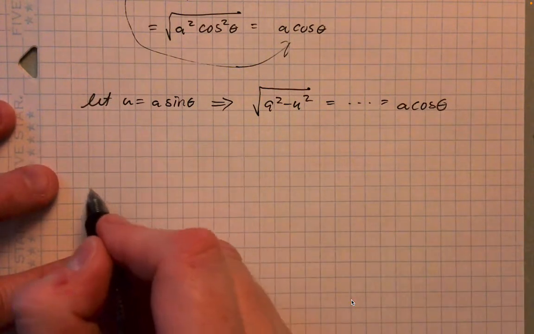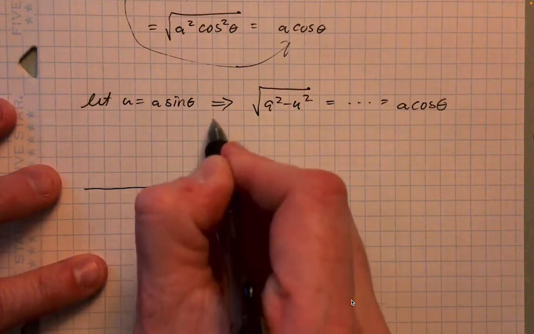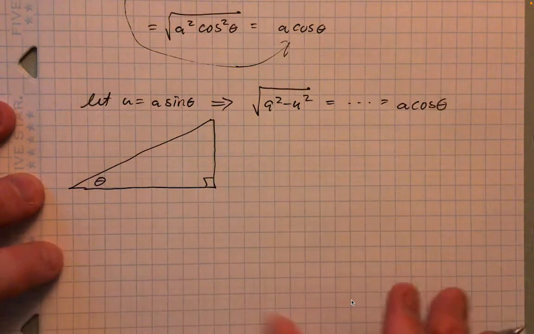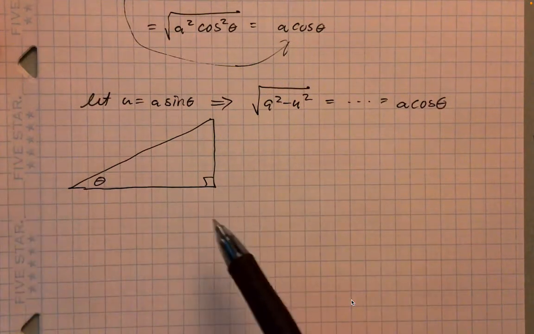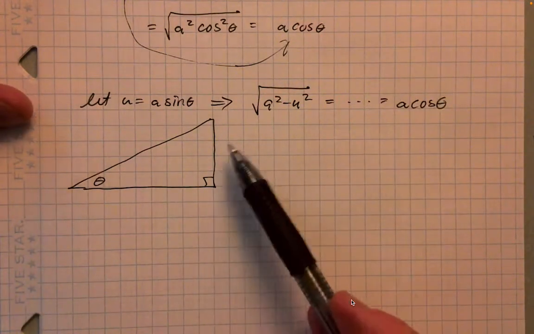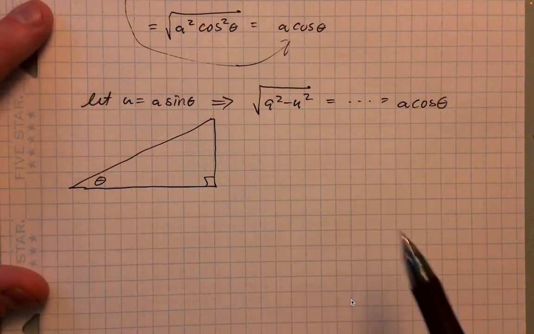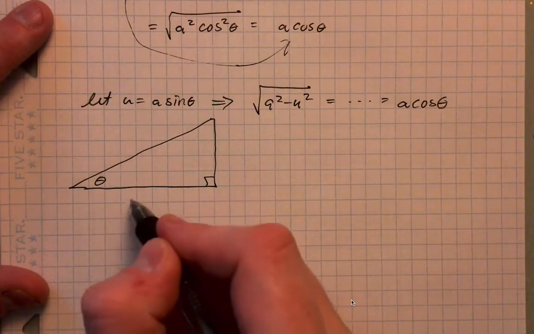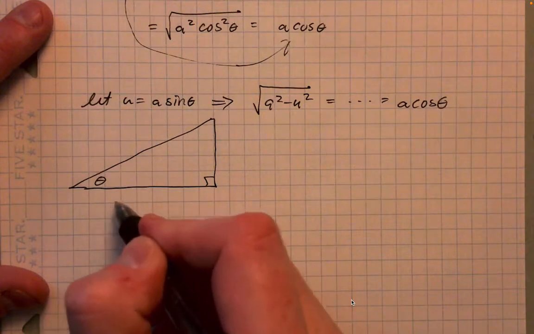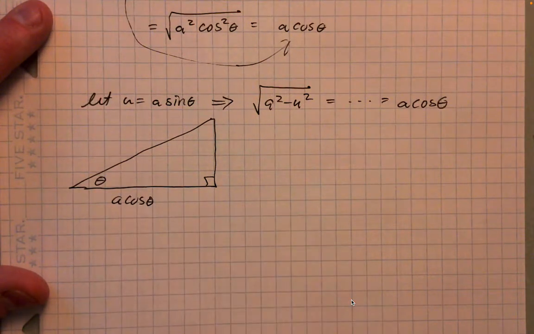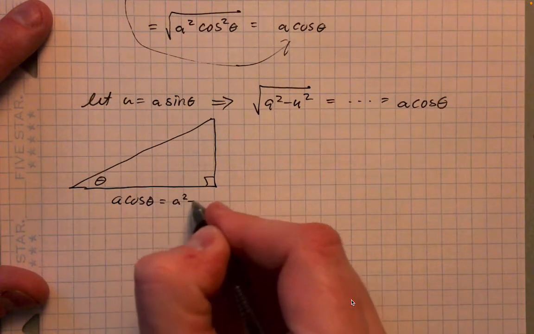And so if we think about a right triangle with a theta here, when we say a cos theta is equal to the square root of a squared minus u squared, well, what does that mean? That means you've got basically a cos theta here, and it's equal to the square root of a squared minus u squared.